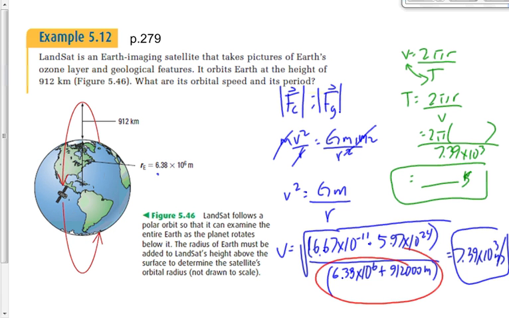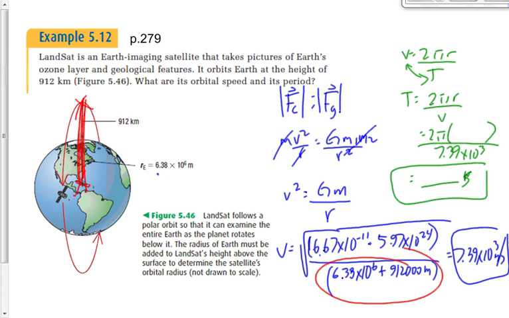So don't blindly add two numbers together. Don't blindly subtract them. Sometimes the number you're given is the number you want from the center right out to the satellite. If it is, great, go with it. If it isn't, then add them. If you're looking for the distance above the surface, then be prepared to subtract. Okay, just use a little bit of logic, and generally these problems aren't so bad if you're thinking about it.